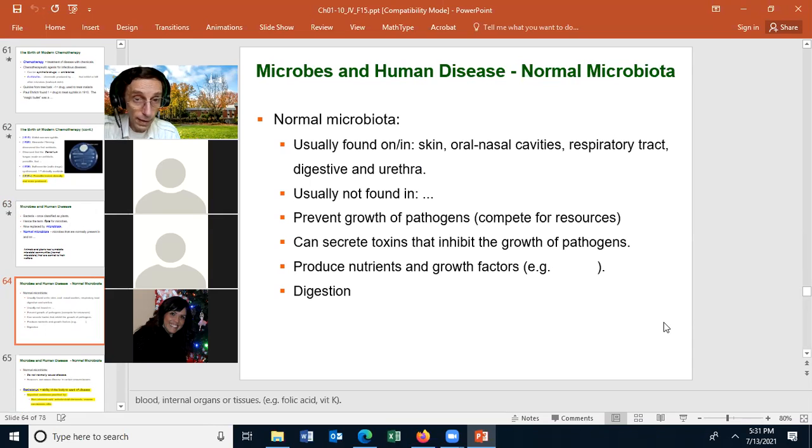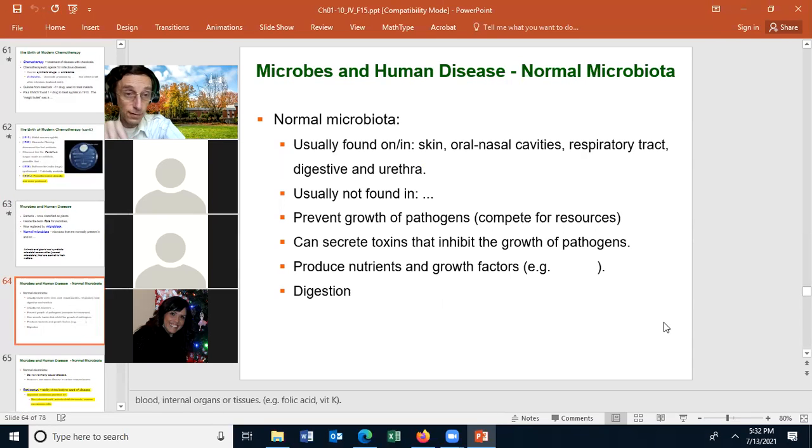But the normal microbiota are helpful to us because they can prevent the growth of pathogens. They can compete for resources, preventing the pathogen from getting food and other resources. They can also compete with the pathogen for space.